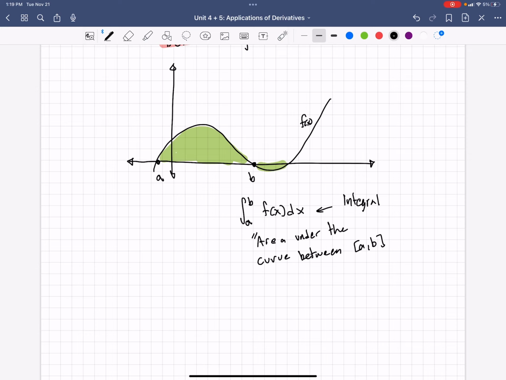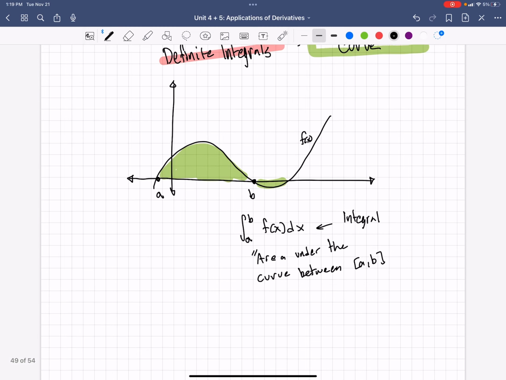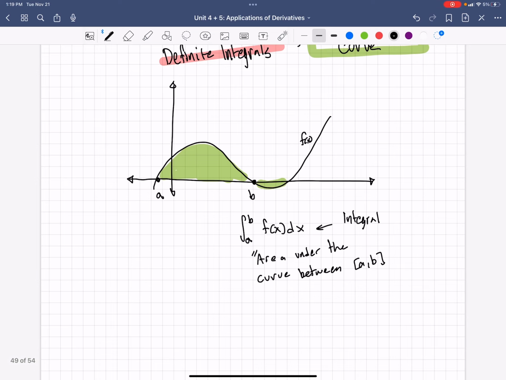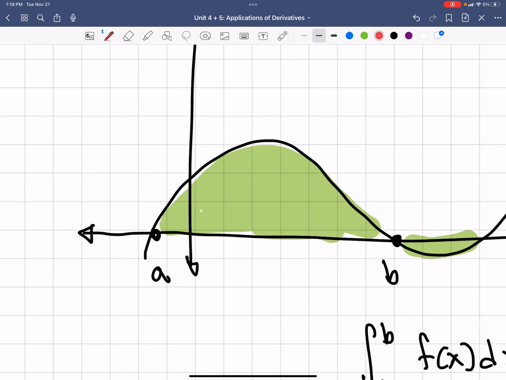The way you would calculate this area, there's multiple ways, but the way we're gonna be doing it, at least today, is we're gonna be using rectangles. All right. So what we do to find this area is you draw a point here and draw a rectangle.